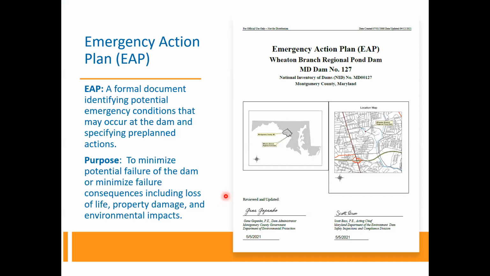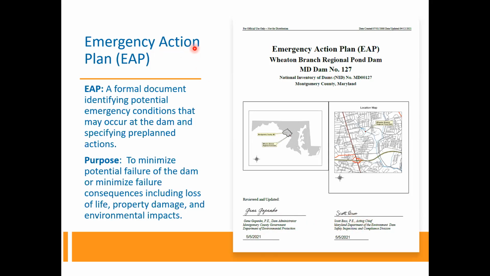Another requirement I mentioned is the emergency action plan, and this is a copy of the front page of the emergency action plan. The plans are updated every year and submitted to the Maryland Department of the Environment for approval. You can see the update date is May of this year, signed by DEP and by the Maryland Department of the Environment Dam Safety Chief.